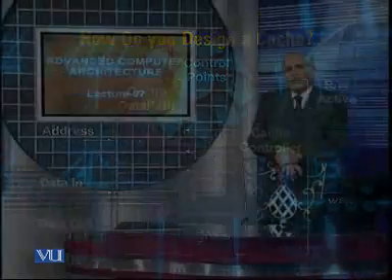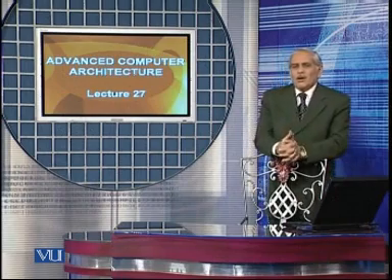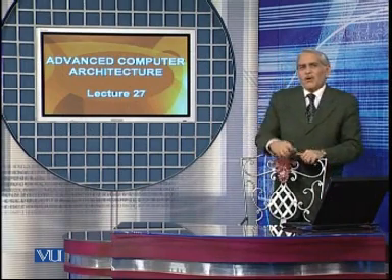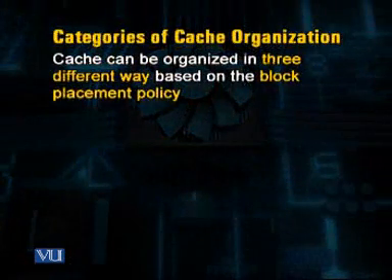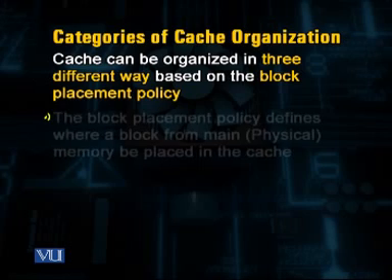So now let us discuss how we can organize a cache into different categories for actual design purposes. A cache can be organized in 3 different ways based on the block placement policy.